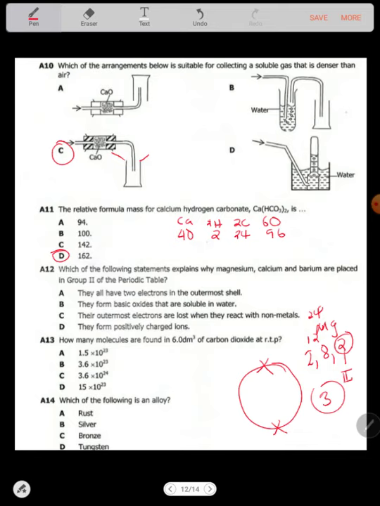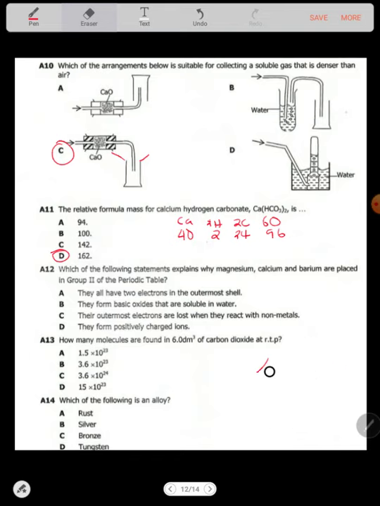How many molecules are found in 6.0 decimeter cubed of carbon dioxide at RTP? Now, at RTP, we know that the volume of any gas is 24 decimeter cubed.